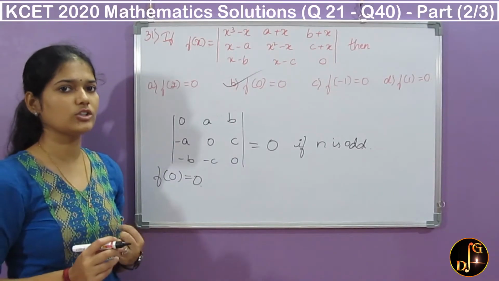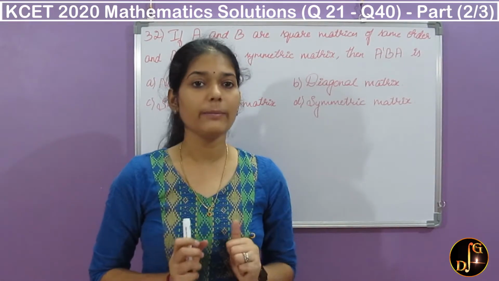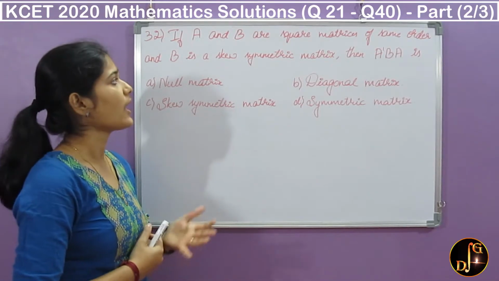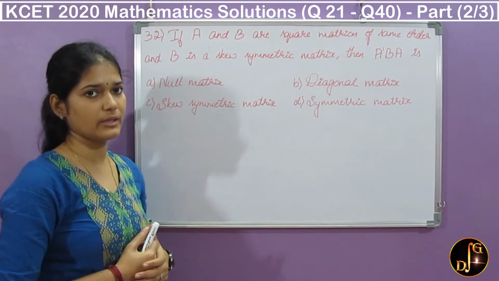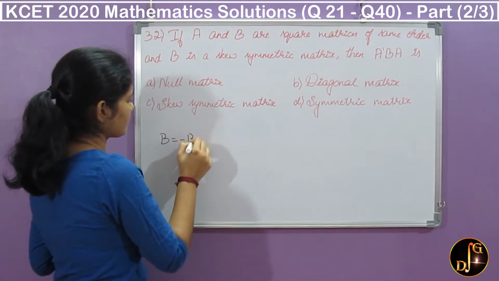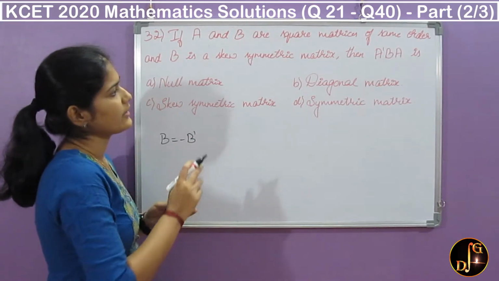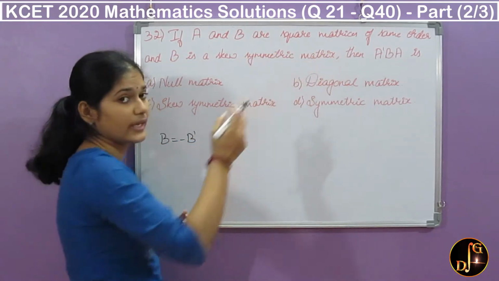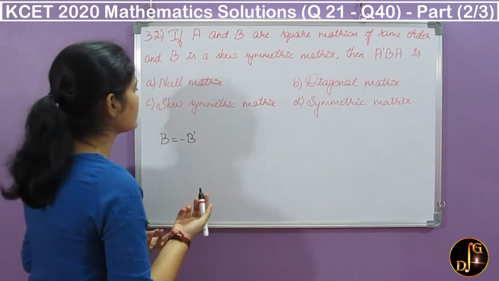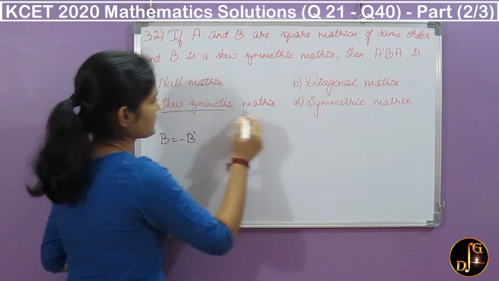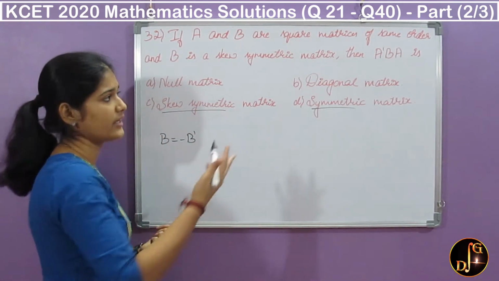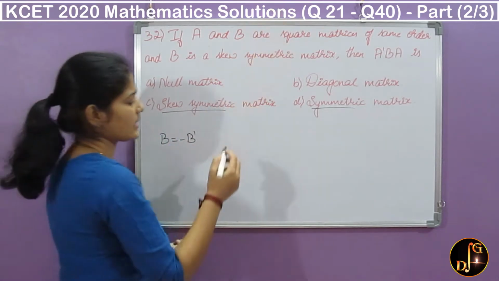Now let's move on to the next problem. In this problem it is given that A and B are square matrices of the same order. And also B is a skew-symmetric matrix. That means B is equal to minus B transpose, right? Then we have to find what A transpose BA will be. Here in two options we have symmetric and skew-symmetric, which means we have to find the transpose, right? Let's try taking the transpose.